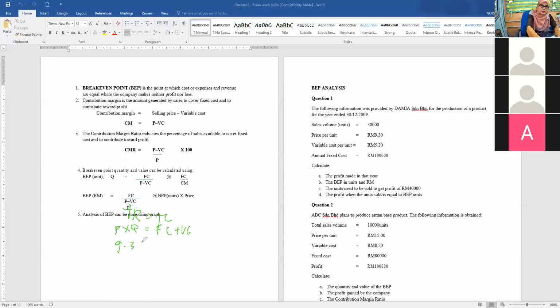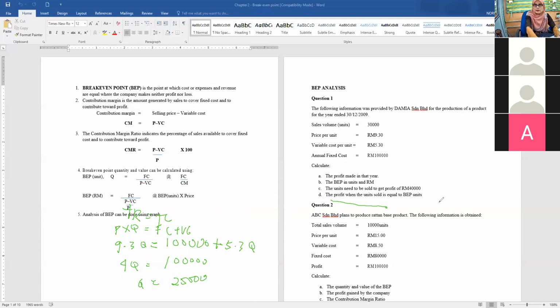Price is 9.3 Q. Fixed cost is 100,000 plus variable cost 5.3 Q. So 4Q equal to 100,000. Q equal to 25,000. This one is break-even point in units.